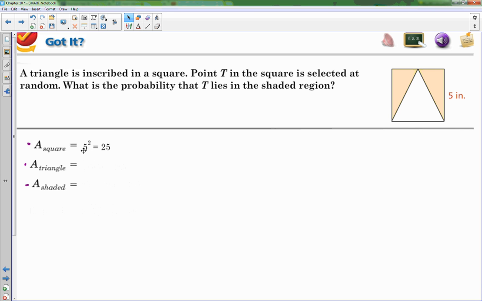So the area of the square is 5 times 5. The area of the triangle is 1/2 base, which is 5, times height, which is also 5. Put that in.